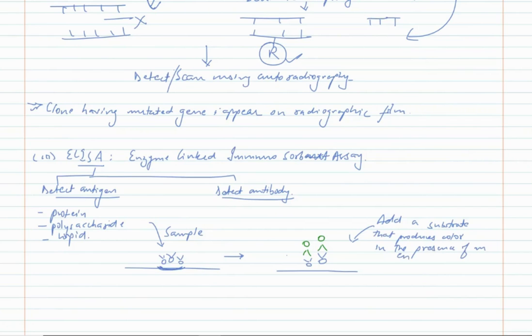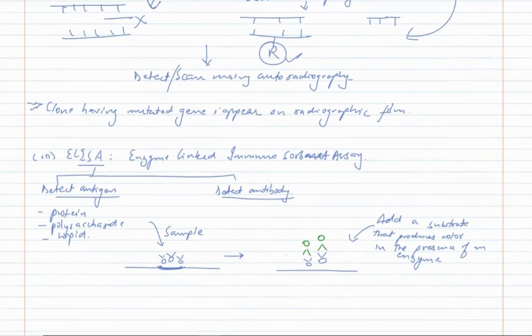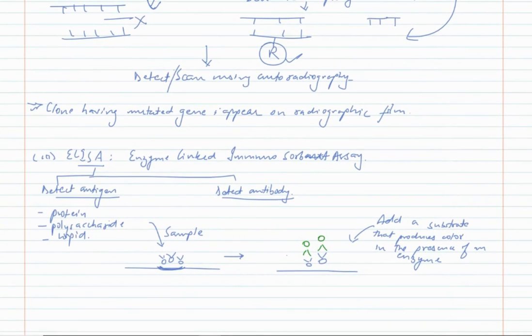If this particular antigen antibody reaction has taken place in the presence of the substrate and enzyme, there will be a color change, and the intensity of color change will give us the quantity of antigen present in the sample.